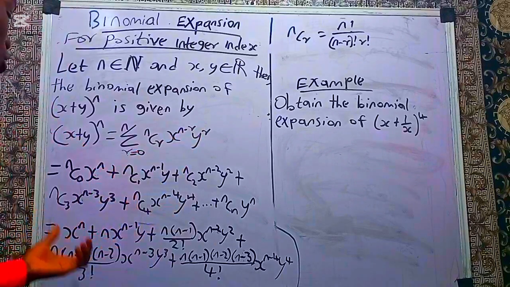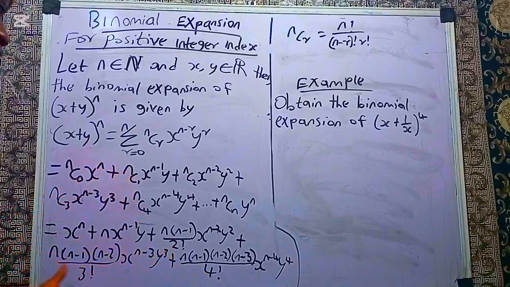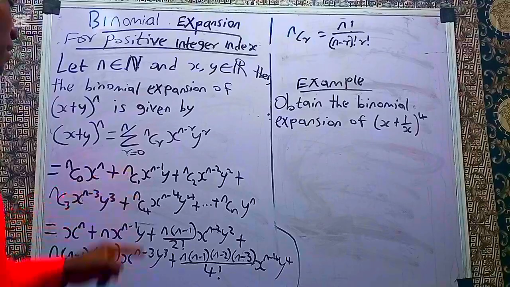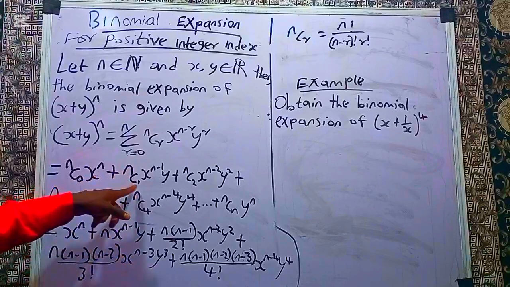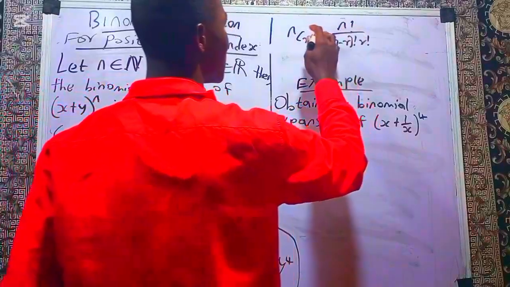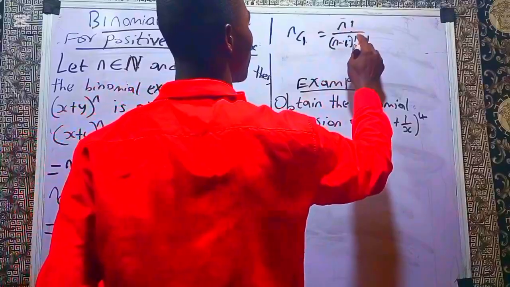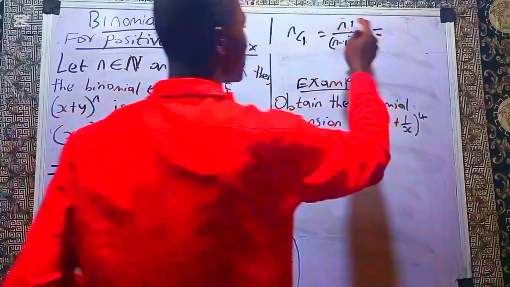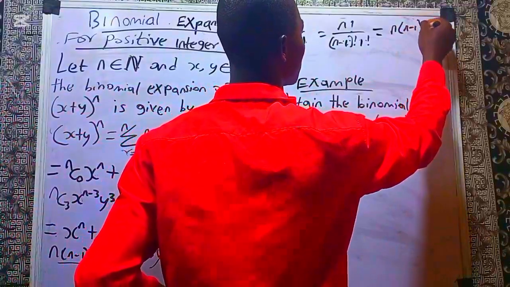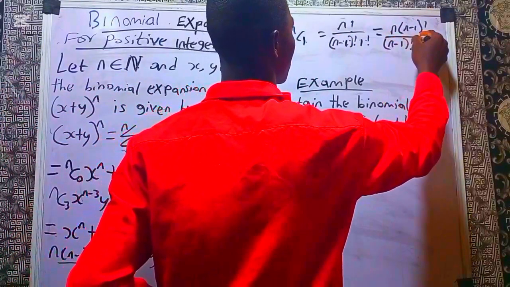Then if you want to simplify the combination in this place, I have simplified the coefficient. For instance, this n combination 1, you can simplify it by just substituting r for 1 in this formula. So if you simplify the numerator, you get n into n minus 1 factorial divided by n minus 1 factorial 1 factorial.